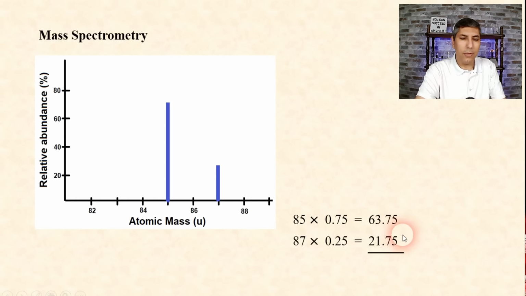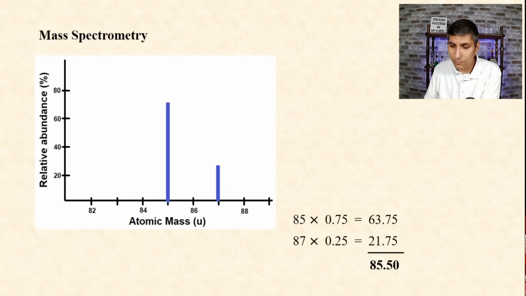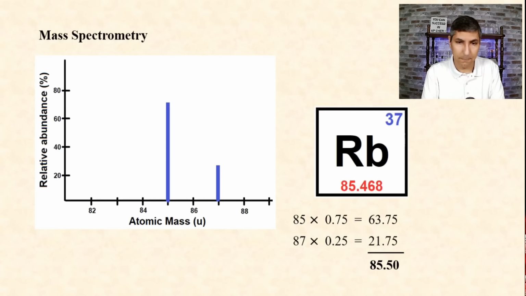If we add those together, that should give us the average atomic mass of the element. So in this case, we have an element that has an average atomic mass of around 85.50 atomic mass units. All we have to do is compare that to the periodic table, and we can see that this is most likely the element rubidium, because it has an atomic mass very, very close to that. So this is the idea that you want to have whenever you're presented with a graph or a mass spectrum that looks something like this.